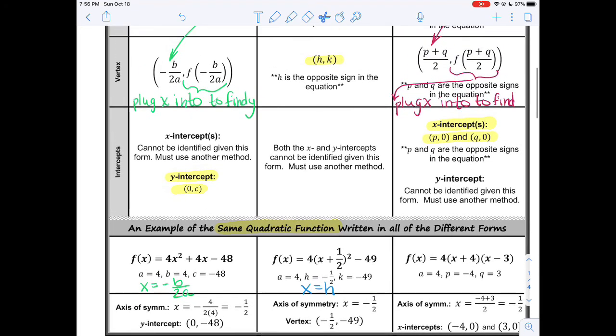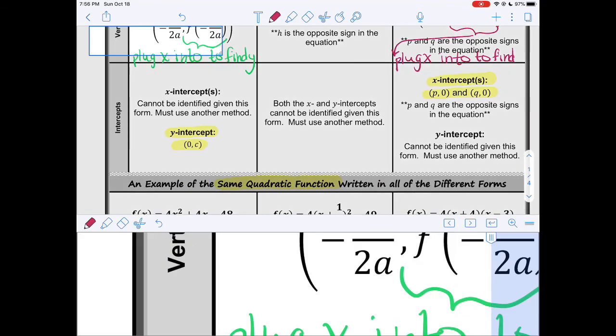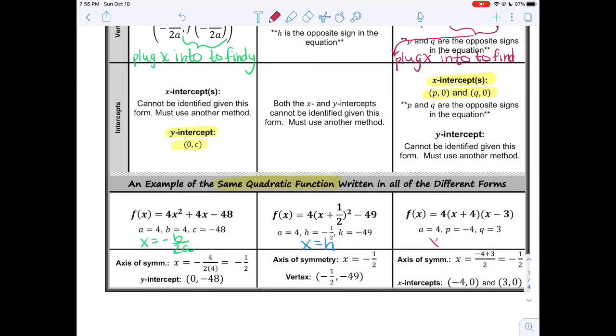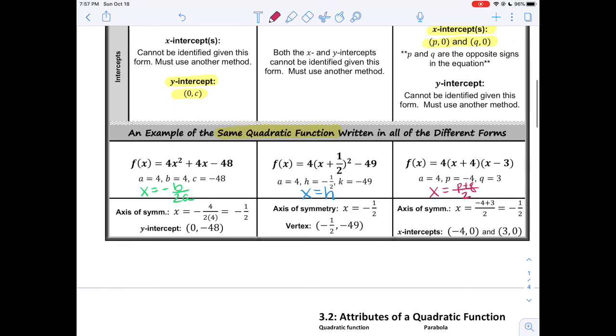We have a little equation in order to find our axis of symmetry, and that equation is that x is equal to p plus q divided by 2, so the average of those two values. So taking negative 4 plus 3 and then dividing by 2, we, for the third time, get an axis of symmetry at x equals negative 1/2.